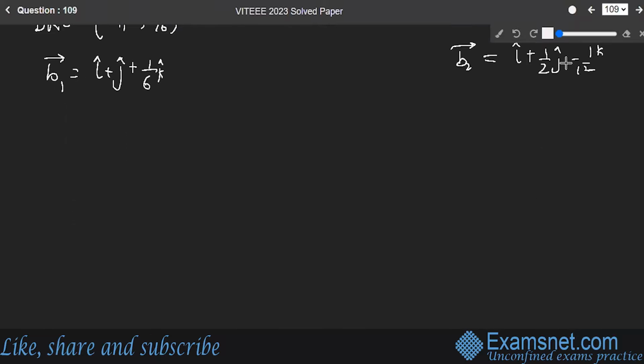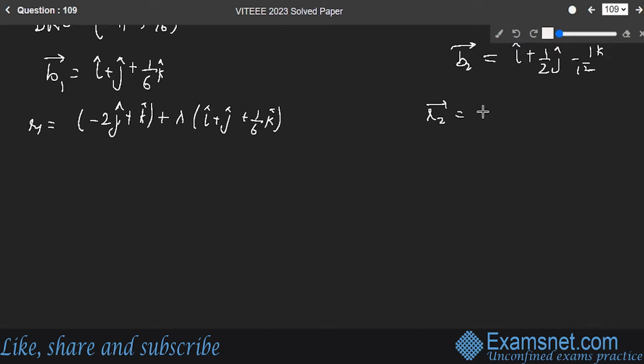So here, r1 vector is given by a1, which is minus 2j cap plus k cap plus lambda (i plus j plus 1 by 6 k). Here, this vector is given by minus i cap plus mu (i plus 1 by 2 j minus 1 by 12 k cap).